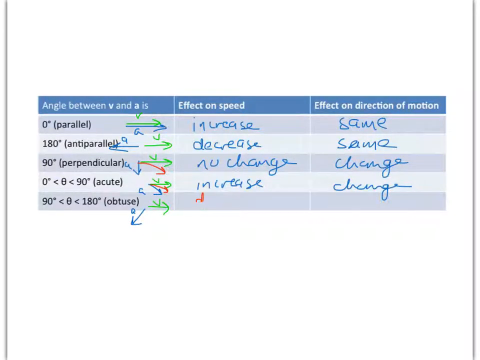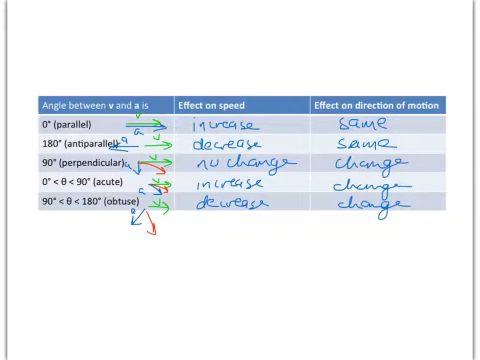Oops, I'm writing that in red. I'll keep it the same and write in blue. Decrease. But there will be a change in motion because you can see the direction of the initial velocity right here, and the acceleration is way back here, and so the motion is actually going to go like that. All right, so that's going to be our actual change in direction of motion.